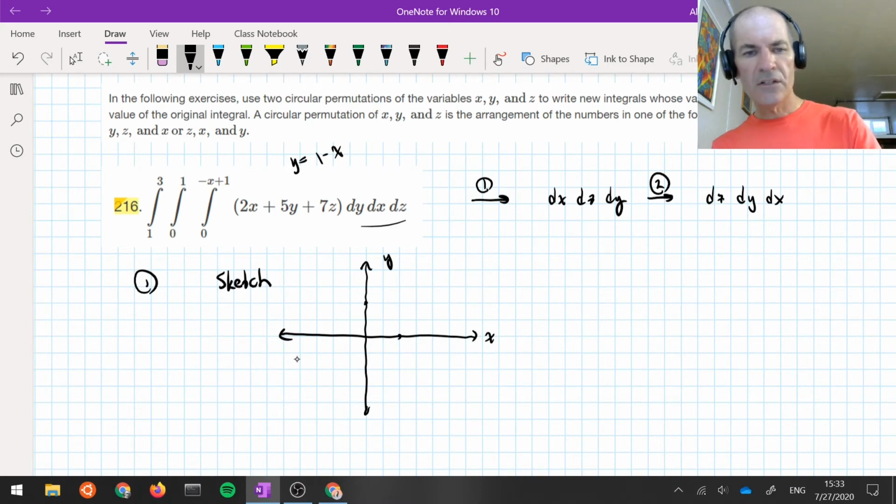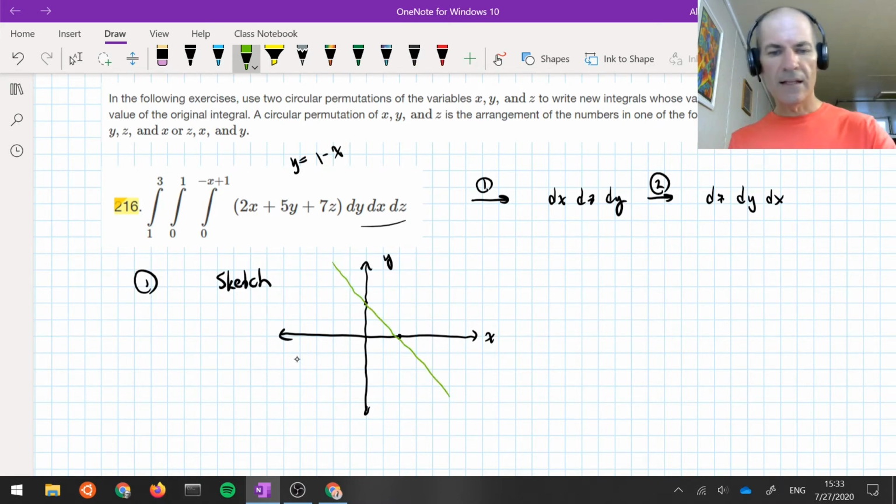So that's actually this line, and in keeping with my notation, that's that line. And then y equals 0 down here. Right, any point along here. So we would be cutting in slices along the y direction like that.